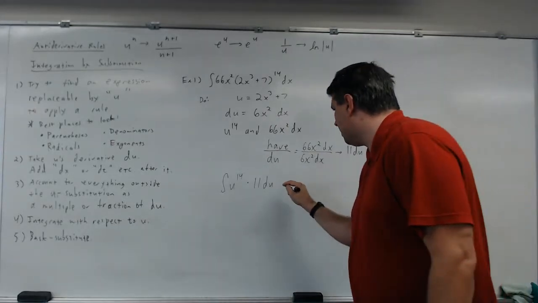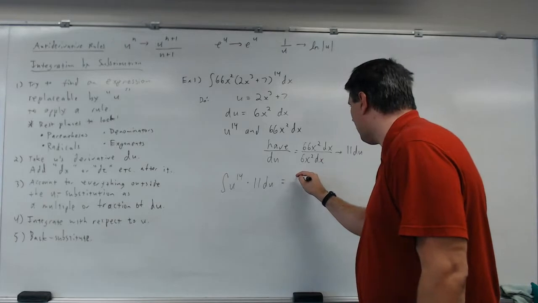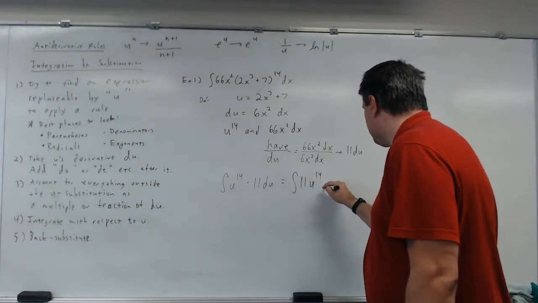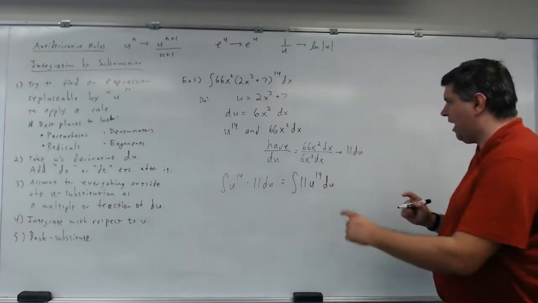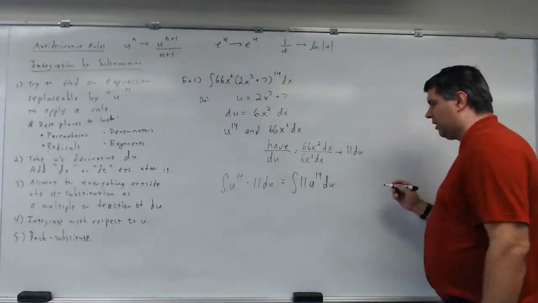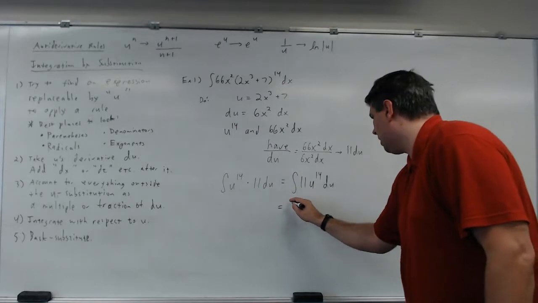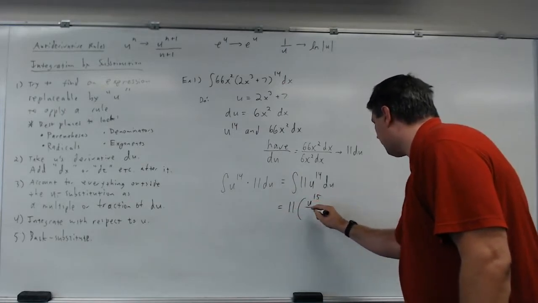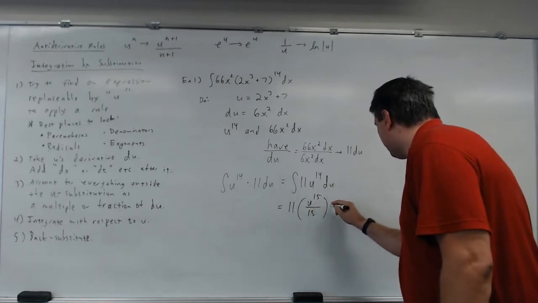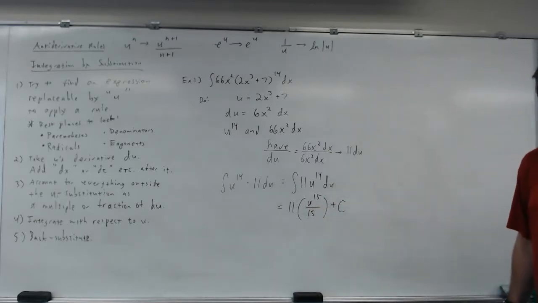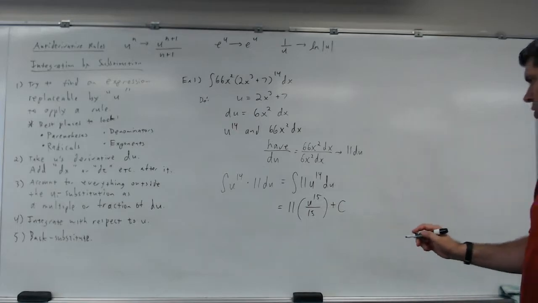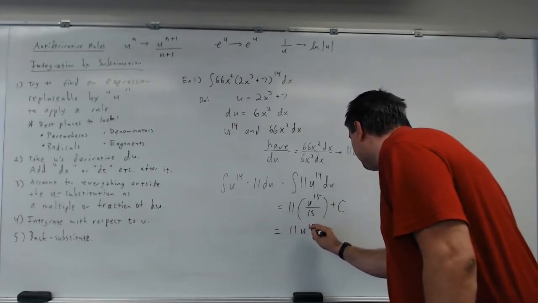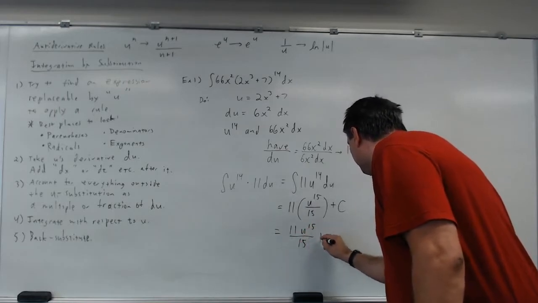So, I'm going to rewrite this in a more standard form. The integral of 11 u to the 14th du. And I'll follow that rule right there. So that's going to be 11 times u to the 15th over 15, plus c. Which gives me 11 u to the 15th over 15 plus c.